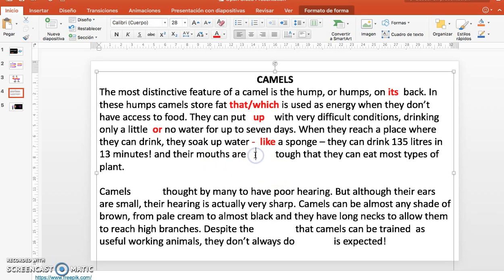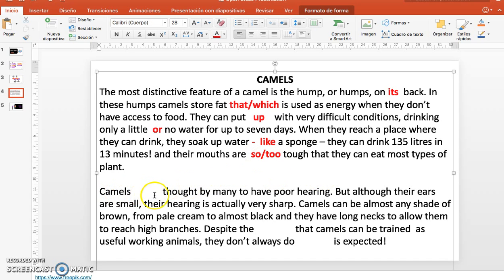So in this case, the most appropriate ones are so or too, okay? Those are the most appropriate intensifiers because we are using an adjective here. That's the key part that allowed us to make a decision.